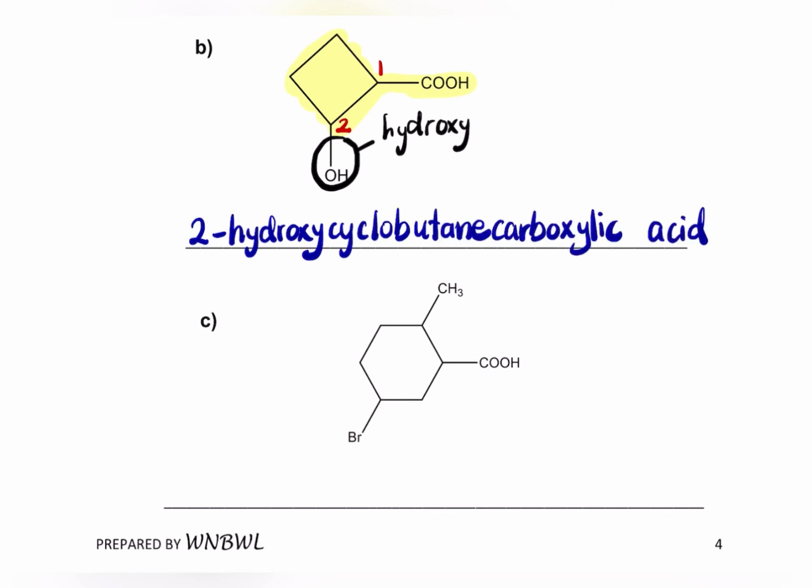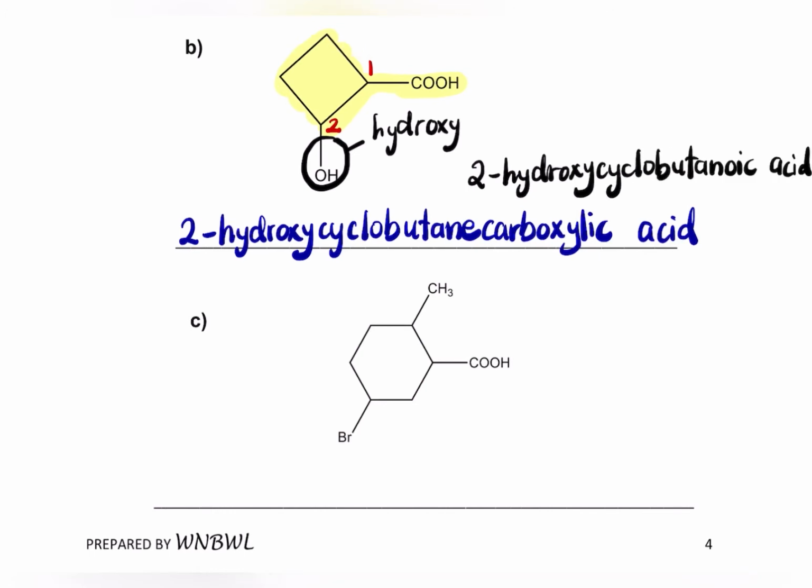So this is the name for structure B. If you want to use another naming for this one, you can also write it as 2-hydroxy cyclobutanoic acid. This is also an acceptable name for structure B.